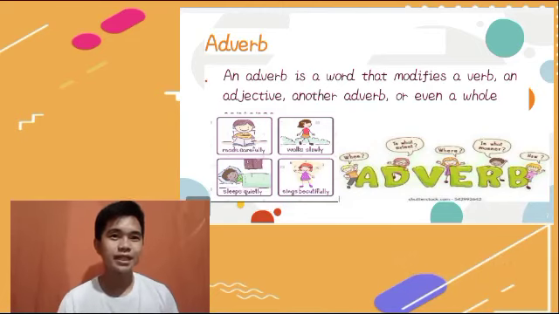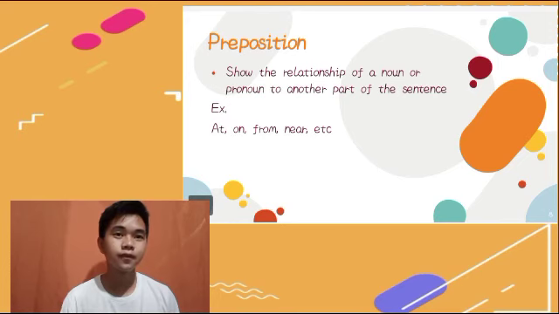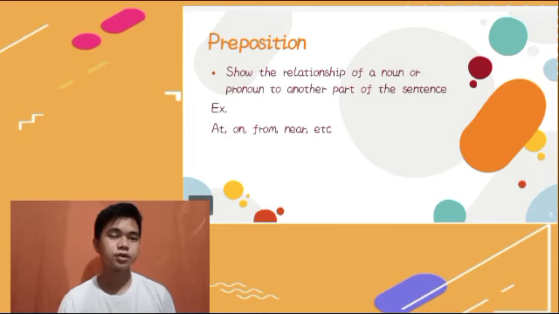What we have next is a little bit tricky, which is the preposition. A preposition shows the relationship of nouns and pronouns to another part of the sentence. It could be physical, a relationship, things happening, or experience.